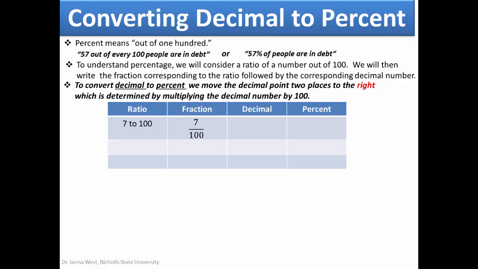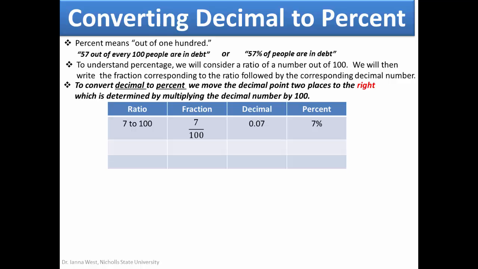But this is equivalent to the decimal number 0.07, which is read 7 hundredths. To write the equivalent percent, we would multiply the decimal number 0.07 by 100, which is equivalent to moving the decimal point 2 places to the right, giving us 7%.